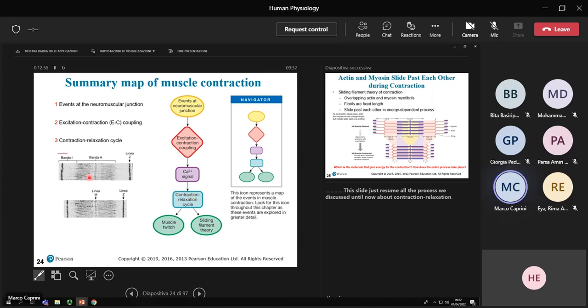And we know that during the contraction relaxation cycle, the A band remains at the same dimension, but the filaments just move in a sliding dependent manner.